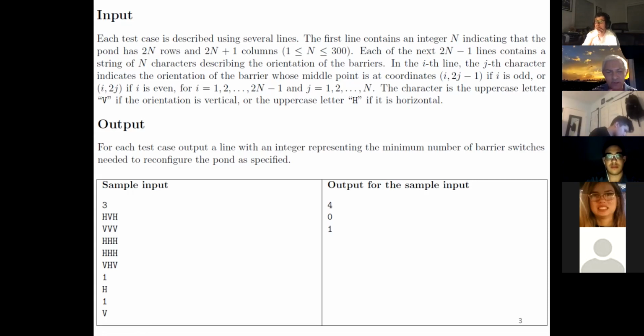So Ricardo, do you want to give us some advice on how to go from the input to the graph? This problem was a bit of a pain because it's actually really hard to build the graph. The way I did it, I'm not going to give you the straight answer, but I broke it down into cases. There was a case for moving from left to right, a case for moving up to down, whether you're in an even column or even row.